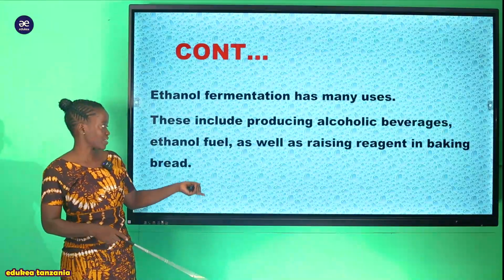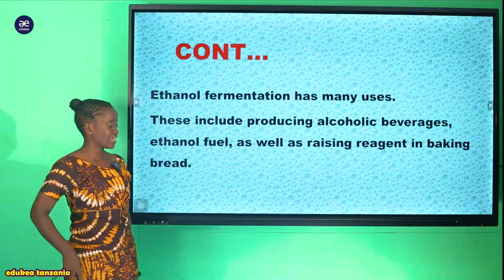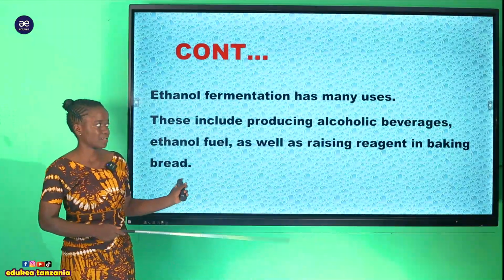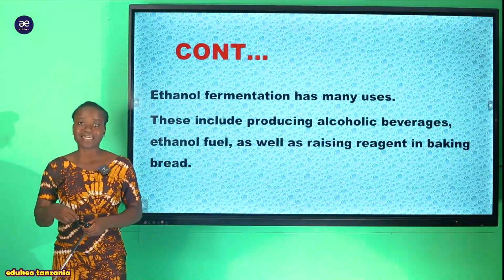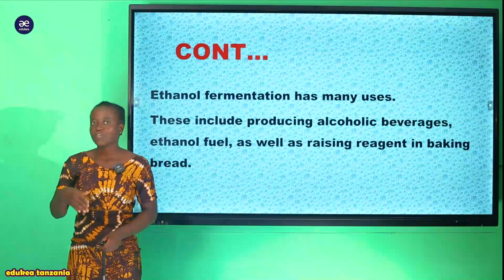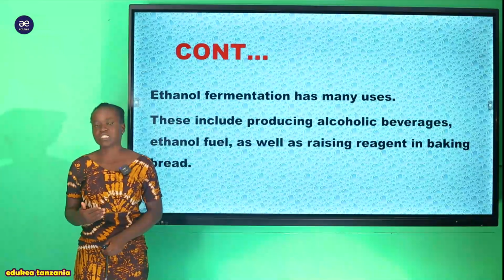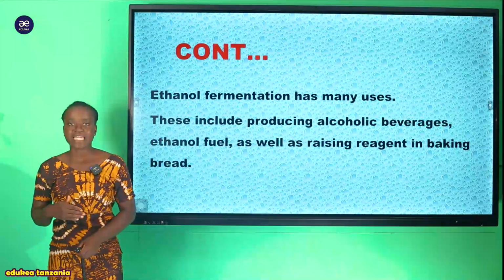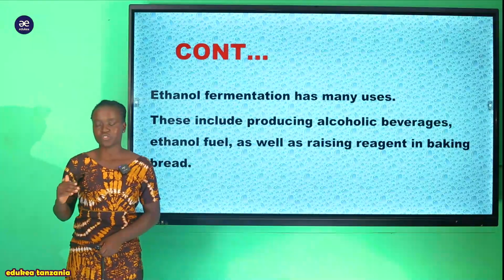Apart from that, we have seen ethanol fuel, but also baking bread. That is baking bread. So it can be used to make what? Bread. So that is the use of this ethanol fermentation, which is the first type or the first category of anaerobic respiration.